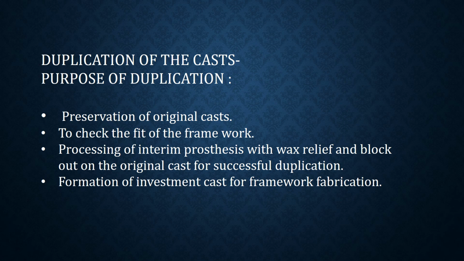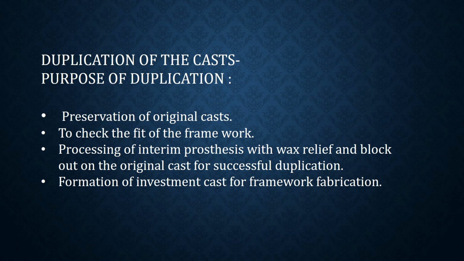Coming to the duplication of cast, the purpose of duplication is to preserve the original cast. Sometimes I tell you to duplicate the cast, even for a complete denture or an RPD case, to preserve the original cast, to check the fit of the framework, and for processing of the interim prosthesis with wax relief and blockout.